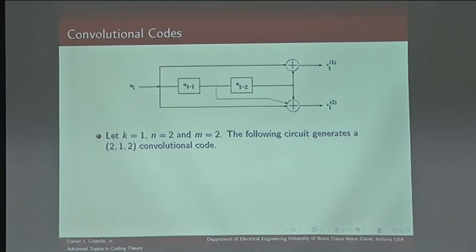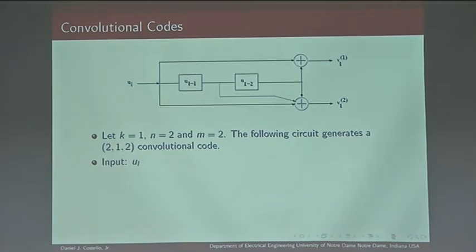For example, here, k equal 1 and n equal 2. Now, a k equal 1 and n equal 2 block code would be trivial. It would be like that repeat code. But here, there's memory in the encoder. This is a little feed forward shift register with 2 storage elements. In this example, we have an input at each particular time, and we have 2 outputs.